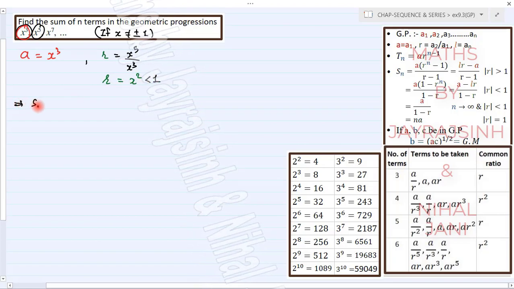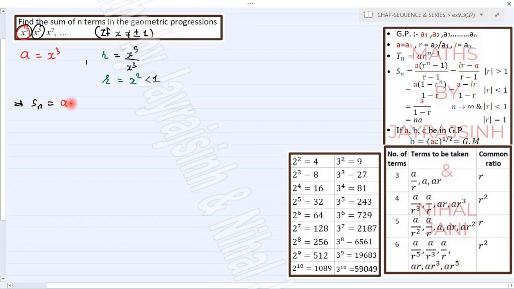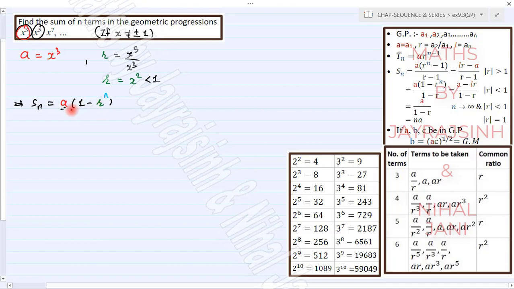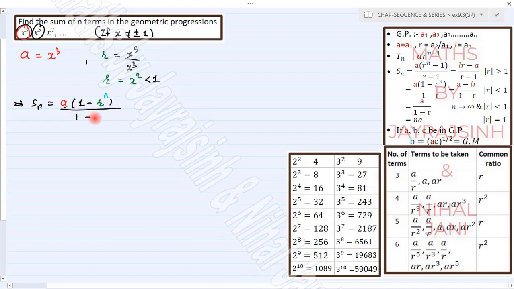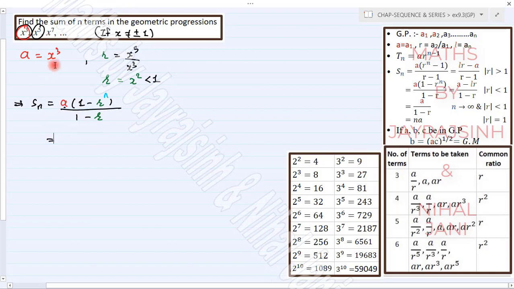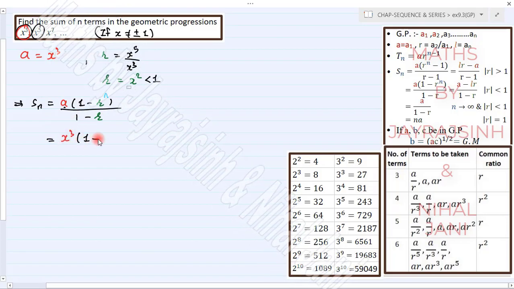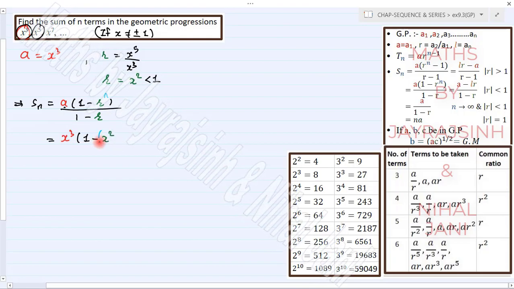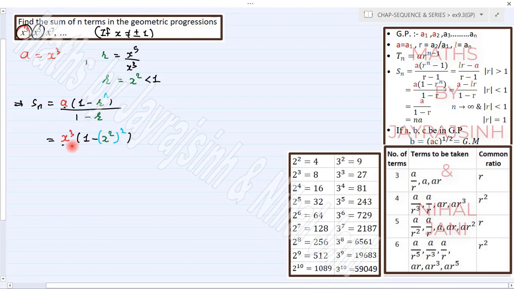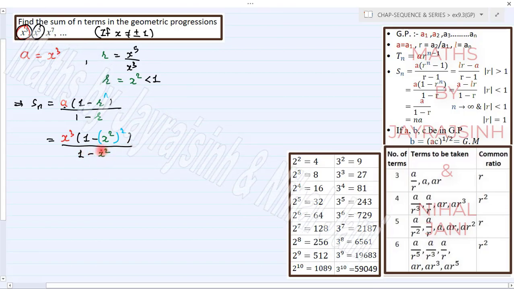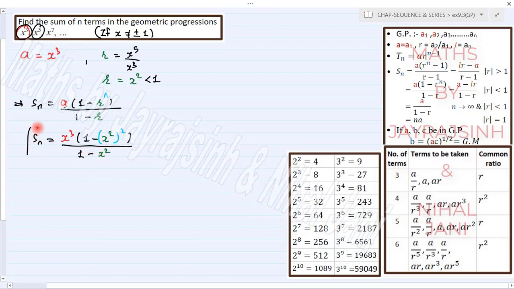And for r less than 1, your summation is given by a into (1 minus r raised to n) upon (1 minus r), where a is x cube and r is x square. So in the denominator, we'll get 1 minus x square, and this can be considered as your final answer.